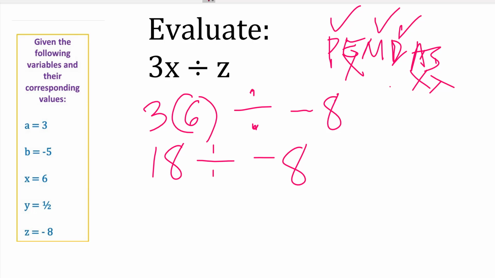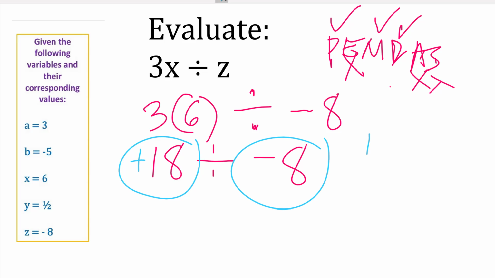When we have two different signs, this is implied to be positive 18, and this is -8. When we have different signs, our rule is you do the actual division, and then the resulting sign is negative. So this is 18 divided by 8, and then a negative sign.